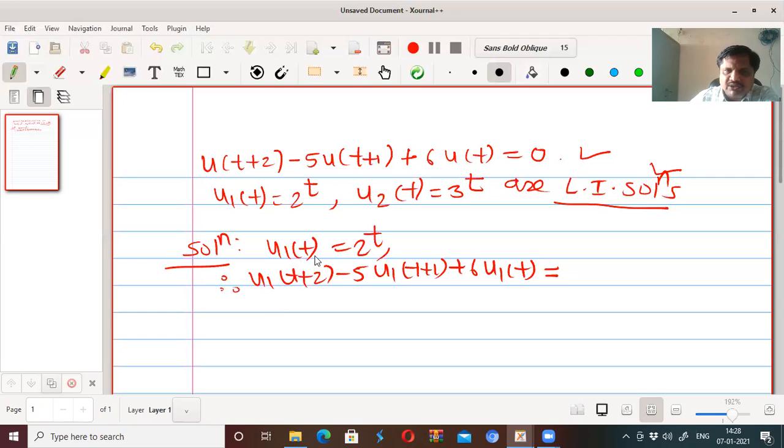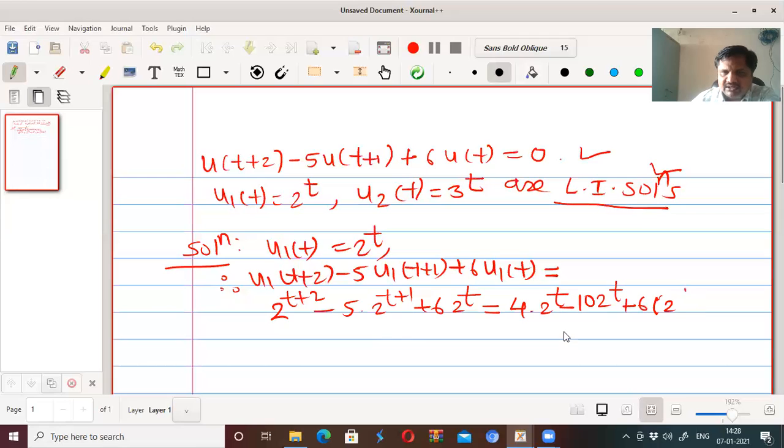Now what is u1 of t plus 2? It is 2 to the power t plus 2, t is replaced by t plus 2, minus 5 times 2 to the power t plus 1 plus 6 times 2 to the power t equal to. Now 2 to the power t plus 2 is 4 into 2 to the power t, because 2 square into 2 to the power t is there, minus 5 into 2, 10 times 2 to the power t and plus 6 times 2 to the power t.